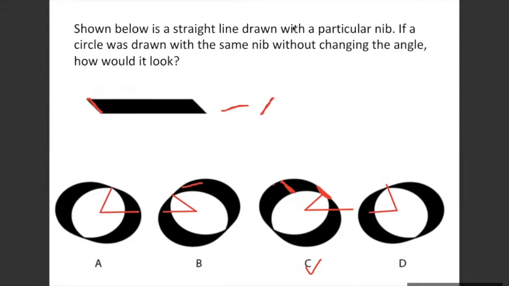So we understood that this one and this one are almost mirrors of each other, and this one is not 45 degrees but almost 60 degrees. So it could be either B or C, and because in B the angle is in the other direction, we'll go with option C.